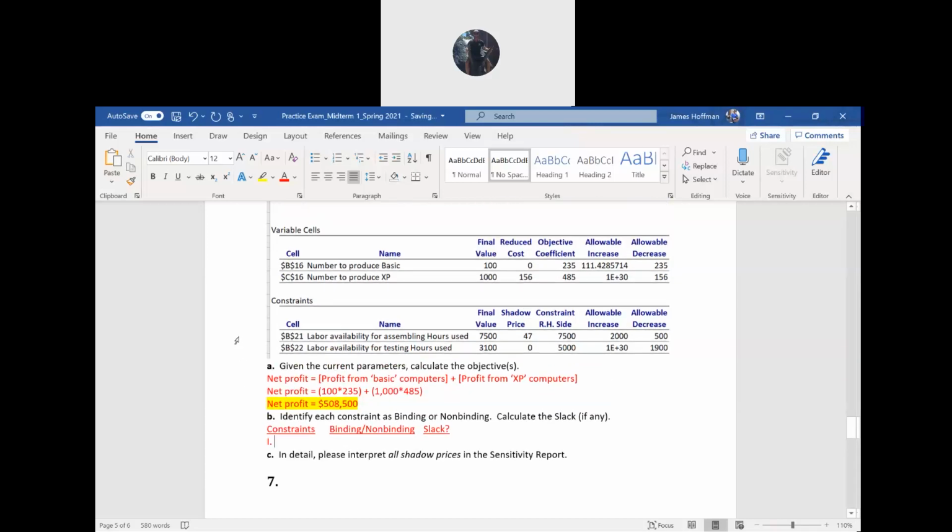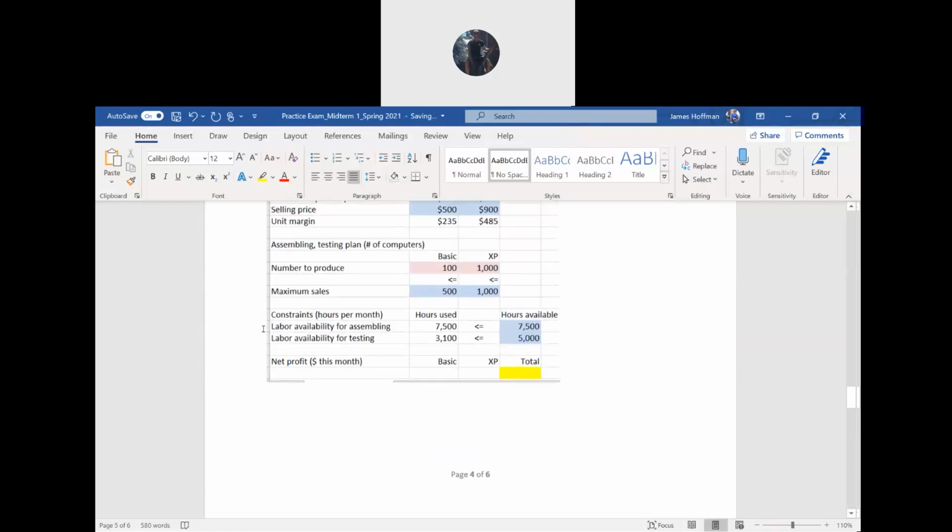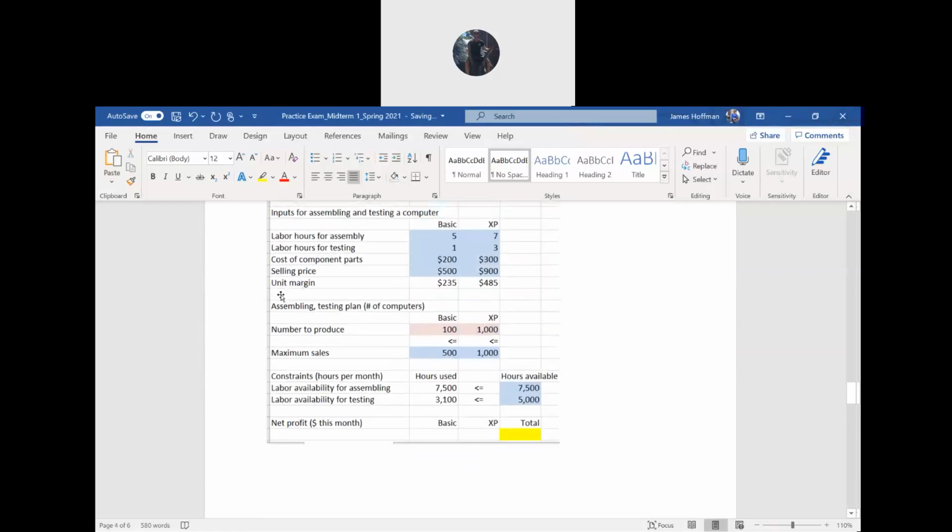Okay, so first let's list the constraints. I think we have 4 of them. And so we did this in the practice problem, I think, after that exercise. And so we have a constraint for each inequality. So the number to produce of each type has to be less than or equal to the max sales for each type.